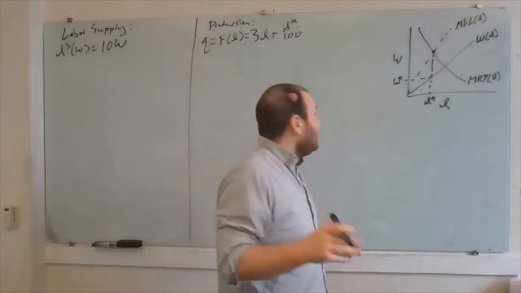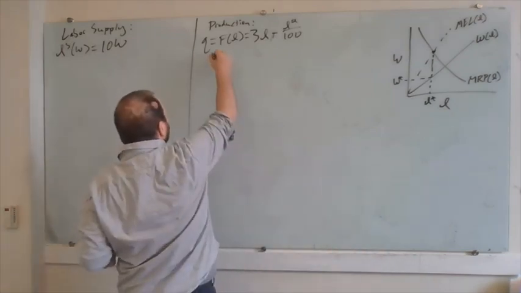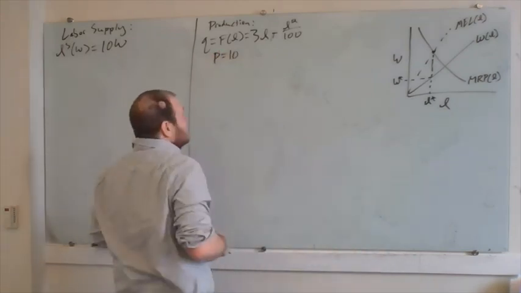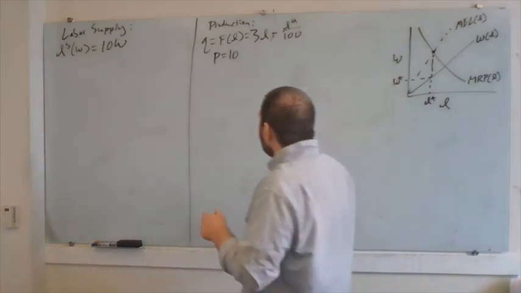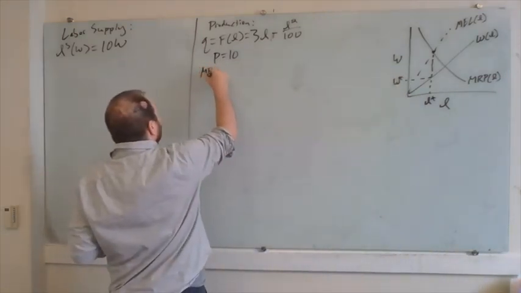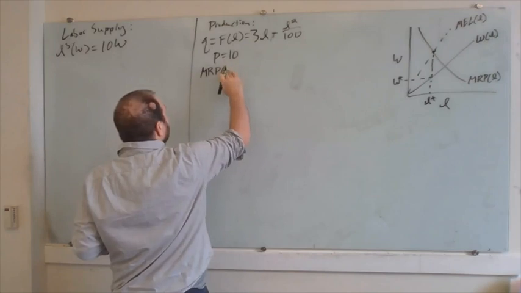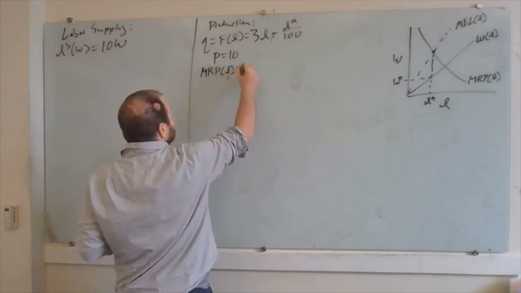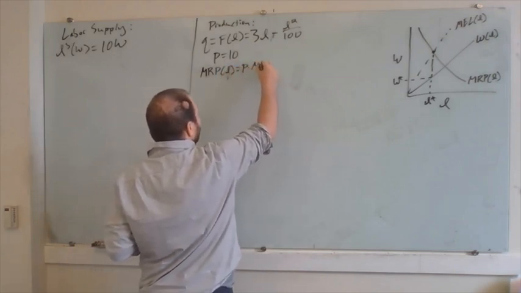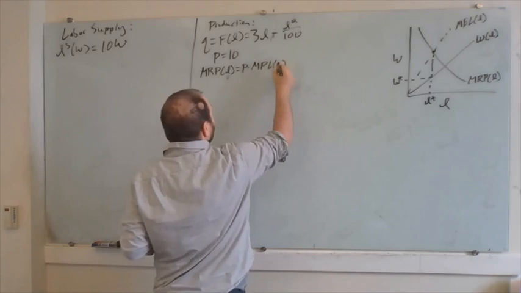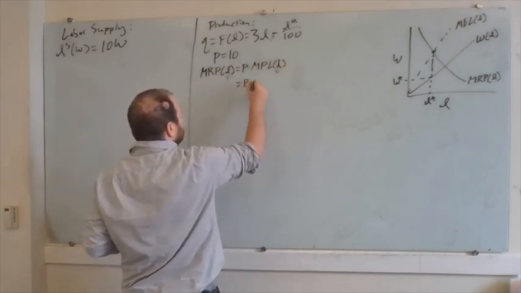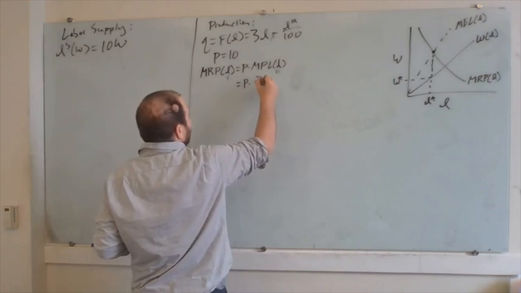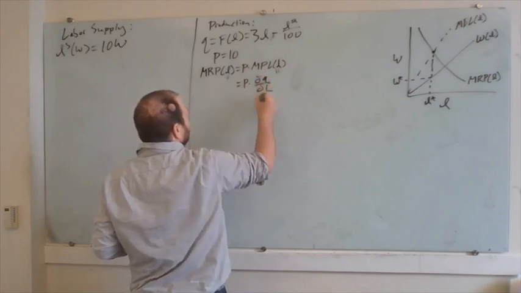We've done that before, we like it, right? Oh, and let's say that we're selling stuff at a price of $10. We're selling in a perfectly competitive product market. Okay, so our MRP is just going to be the price times the marginal product of labor, which is going to be the price times the dQ/dL, right?